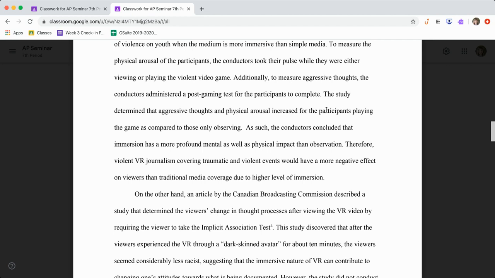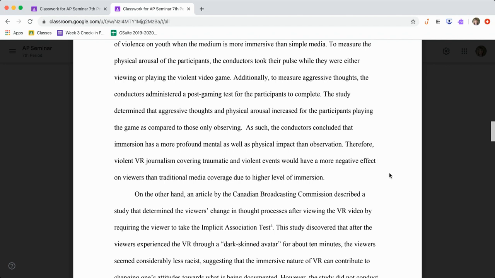And then toward the end here, he is summarizing how the evidence that he has chosen and put into this paragraph supports his overall argument, but he also does that by weaving in some relevance. So he says, as such, the conductors of this study concluded that immersion has a more profound mental as well as physical impact than observation.